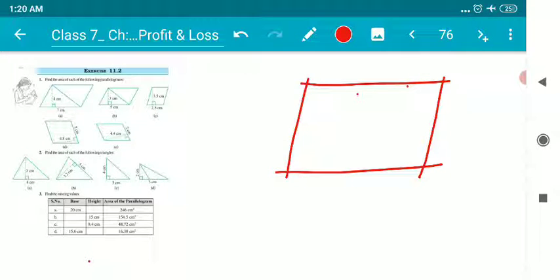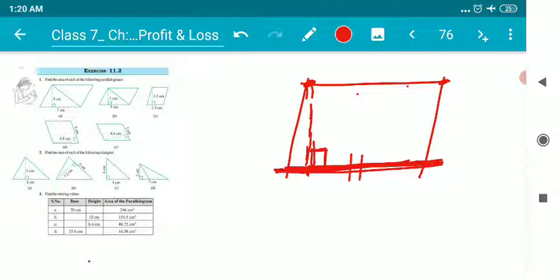Children, this line segment will be considered as the base when I draw one perpendicular from the opposite vertex. This line's opposite vertex is this one, so I'm drawing one interior perpendicular. Perpendicular means a line segment or an altitude which forms 90 degree on a line segment.